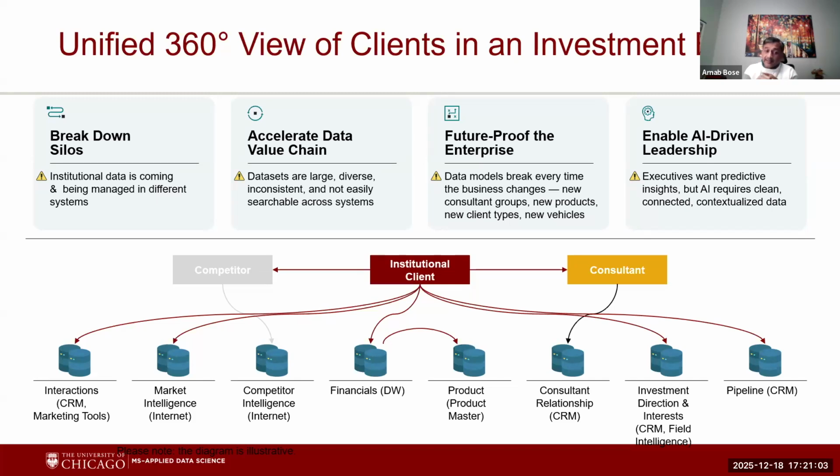What is the client interested in? The last time we spoke to the client, what is the competitor doing? What's the competition doing to try to woo the client away from this bank, right? You can embed that in a knowledge graph.